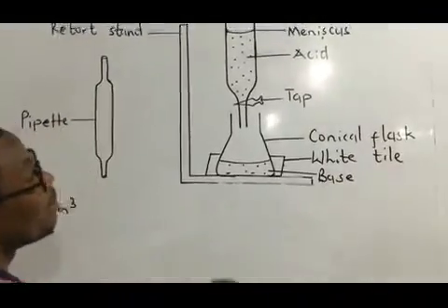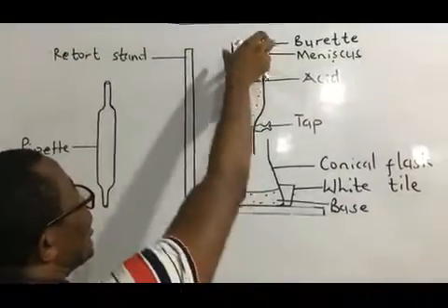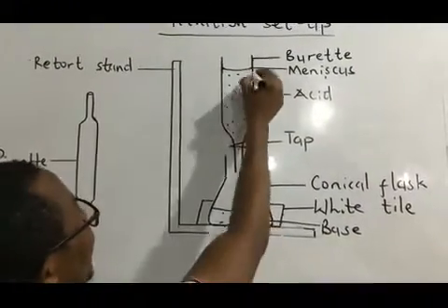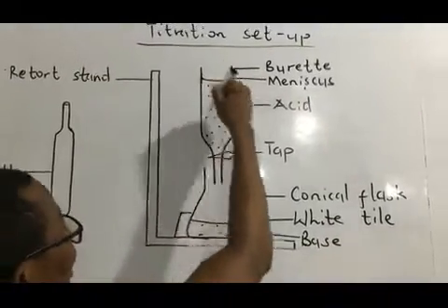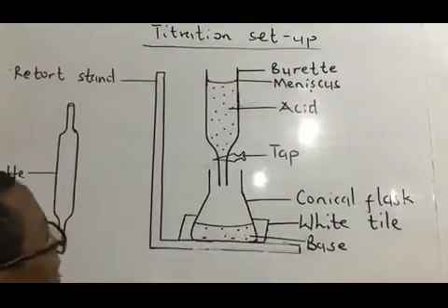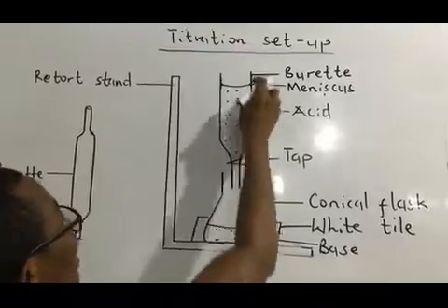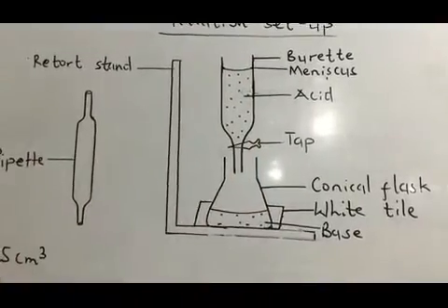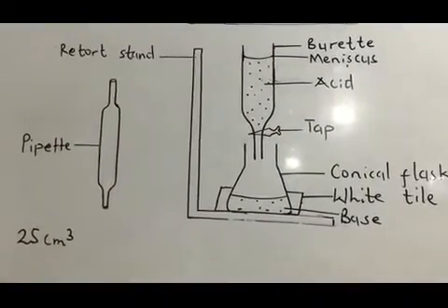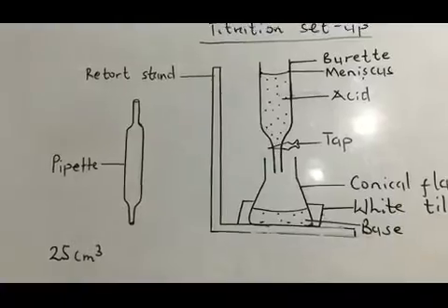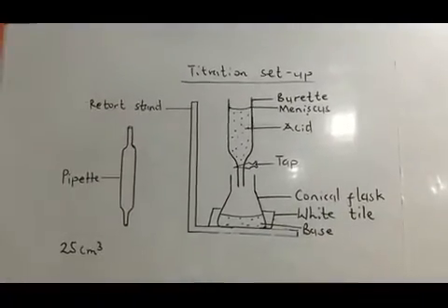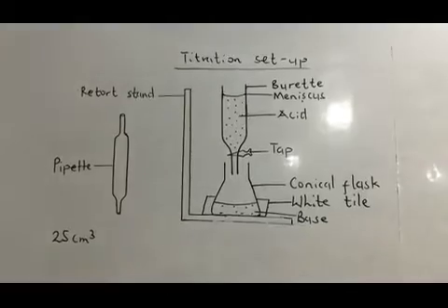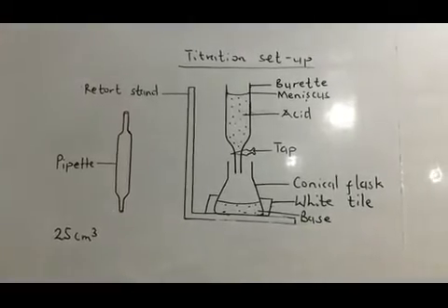During titration, the volume of the acid used is read on the burette. There are scales on the burette. So during the titration, the volume of the acid that is used can be determined by reading the value on the burette. Okay, so this is an acid-base titration setup.